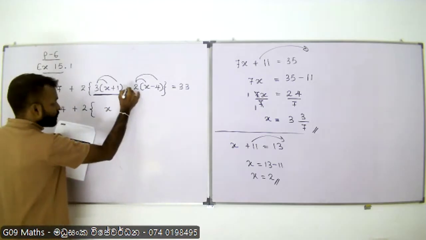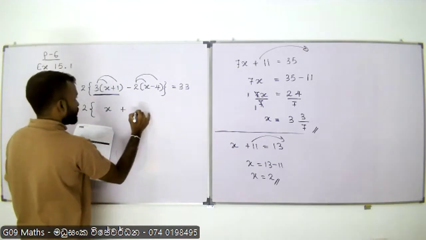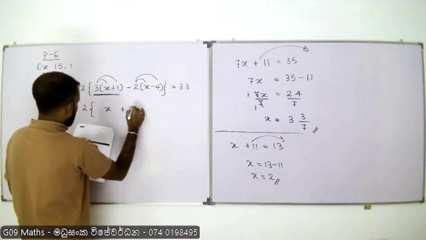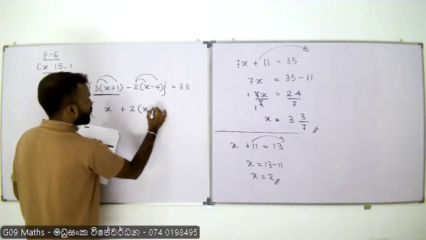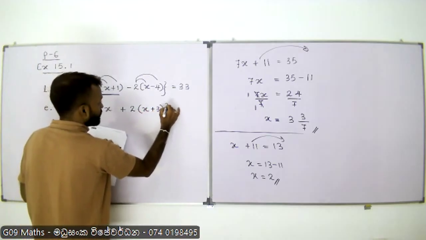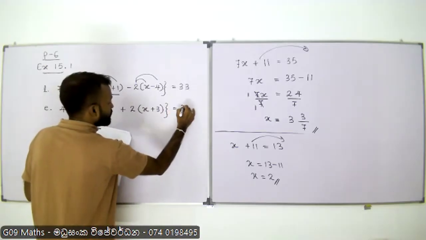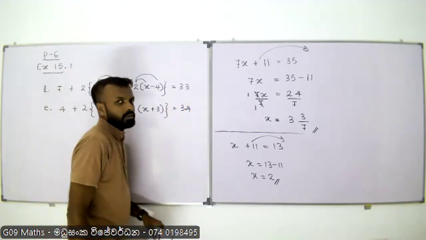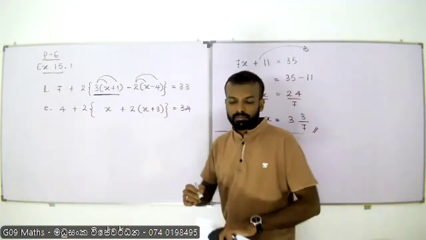Now, instead of negative sign, it is positive. Then instead of this one, you have 2. Inside the bracket x plus 3. All are positive. Very easy. Is equal to, instead of 33, you are having 34.